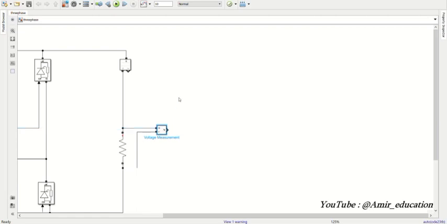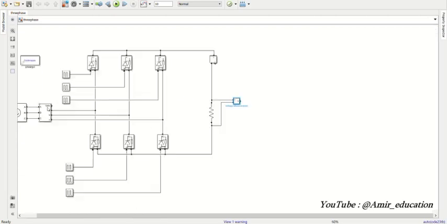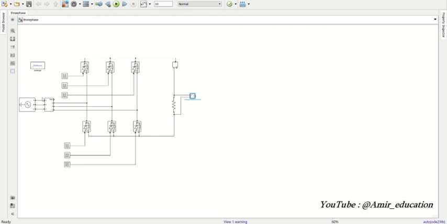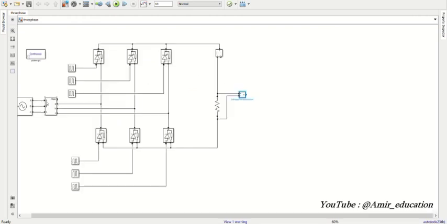Okay, and we can observe our source voltage with this block, so we don't need to add a separate measurement for that one. We need a scope. Let's connect it. I guess it's okay.